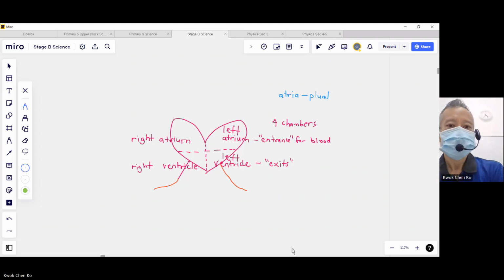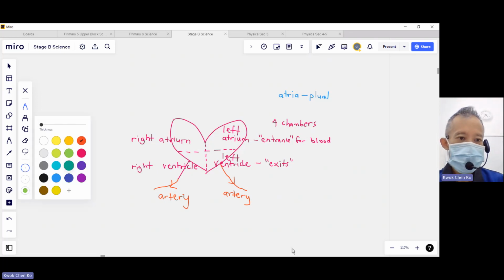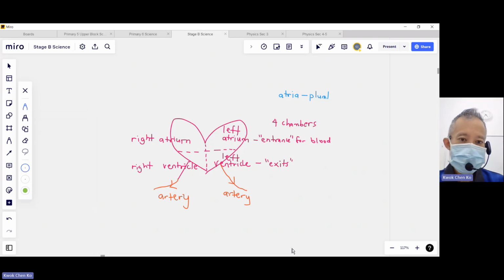Now, important thing: whatever vessel is leaving the heart is called an artery, or arteries. Let me use singular. You may want to write down somewhere that artery by definition means leaving the heart.